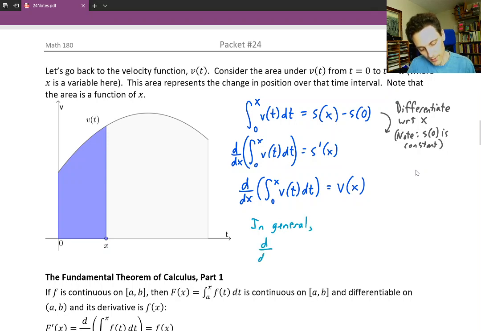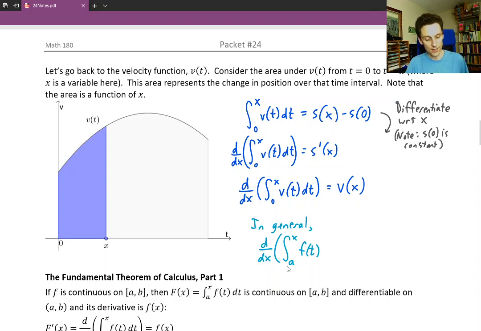So in general, the derivative of this integral, this special integral, and here I'm going to put, instead of 0, I'm going to put a right here. Notice that it didn't matter that we had the starting t value of 0. No matter what constant goes in here, s of that constant is a constant, and the derivative of that will be 0.